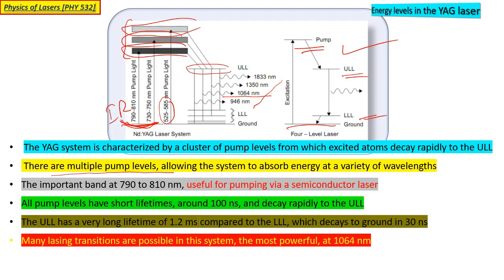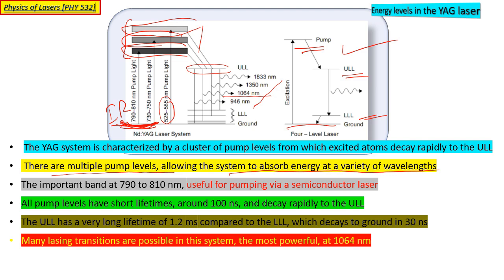So there are multiple pump levels here, as you can see, so it can absorb a variety of wavelengths. That is why a white light flash lamp is a very good source to pump the YAG laser. It can also be pumped with other lasers like a diode laser emitting in this region.